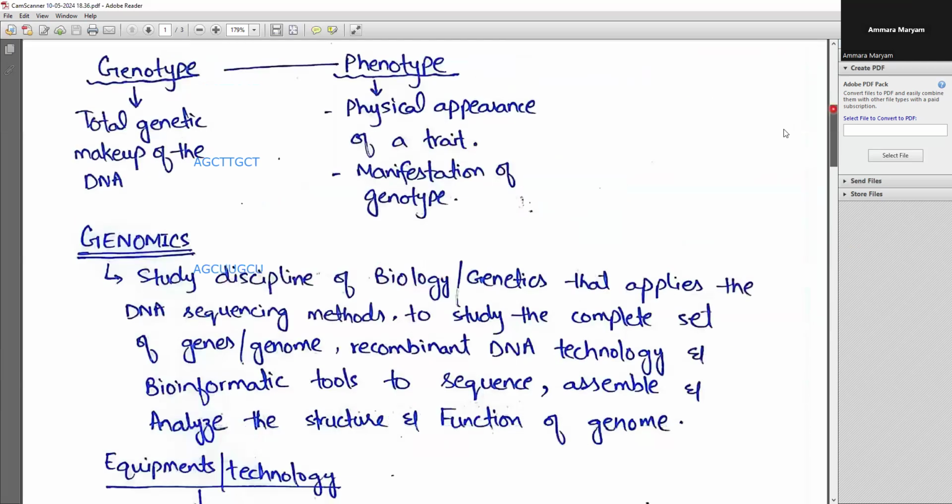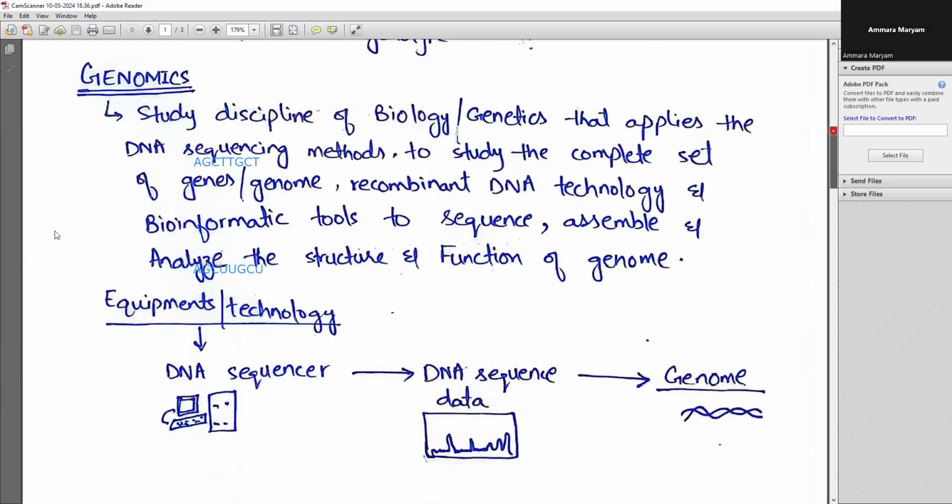Now let's come towards the technical definition of genomics. Genomics is basically a discipline of biology, more specifically a discipline of genetics, as it belongs to the study of the genes, the study of the genomes.